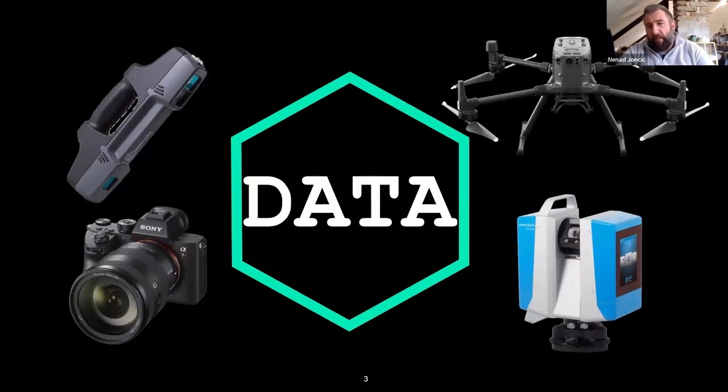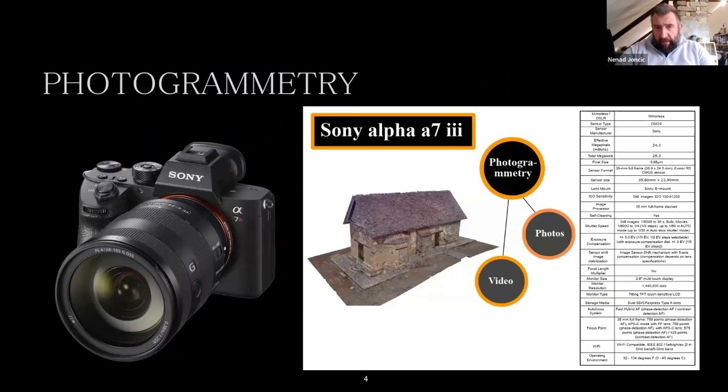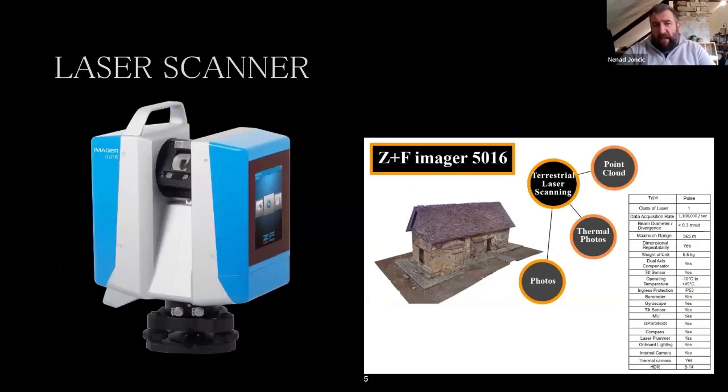So basically what we are doing is collecting data with different devices, creating a 3D model, and then manipulating what we got. With photogrammetry, we go around the object, take photos, get a set of photos, process them, and get the 3D model. A 3D model can be used in different ways. The next method is laser scanning.